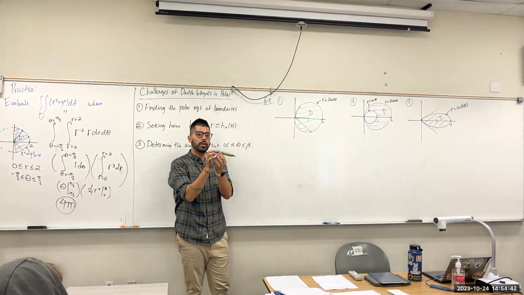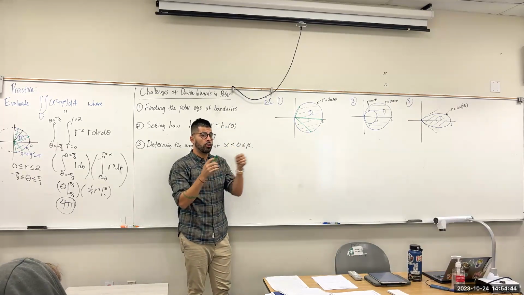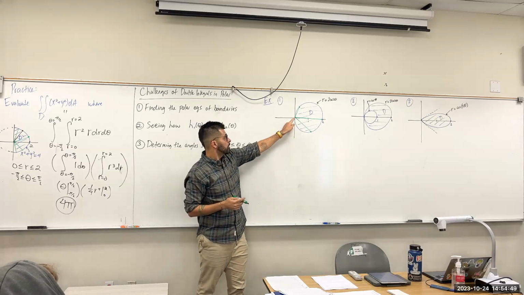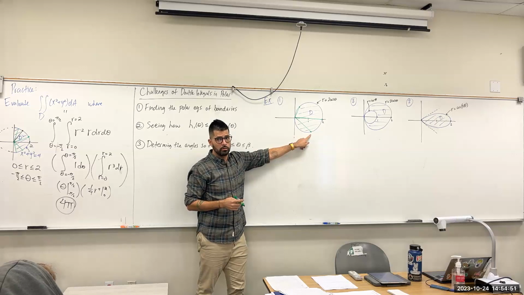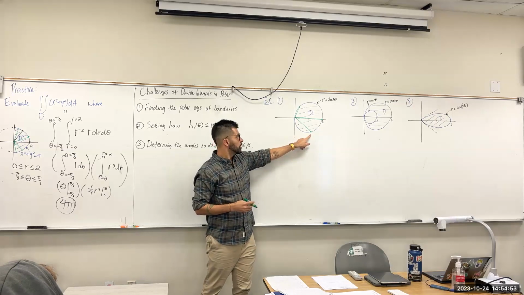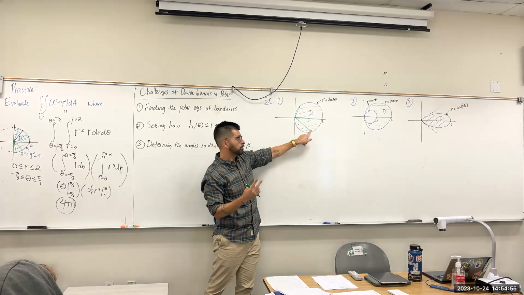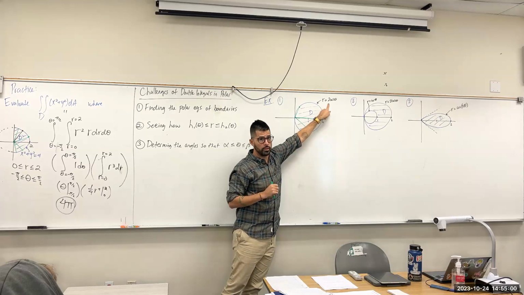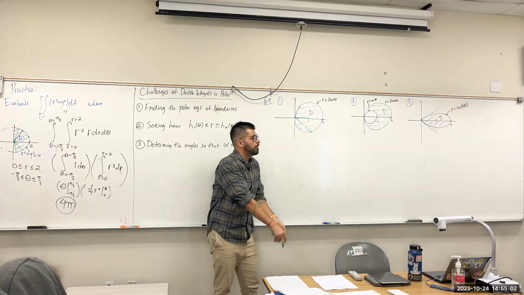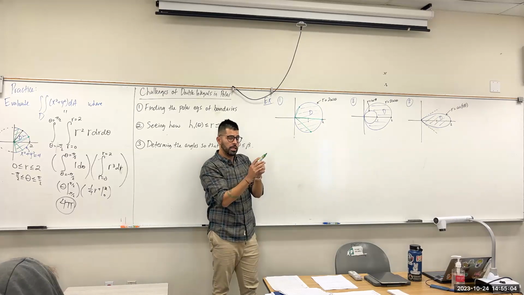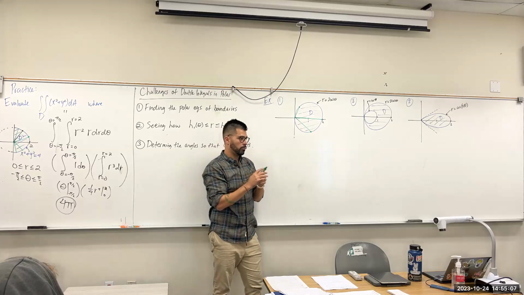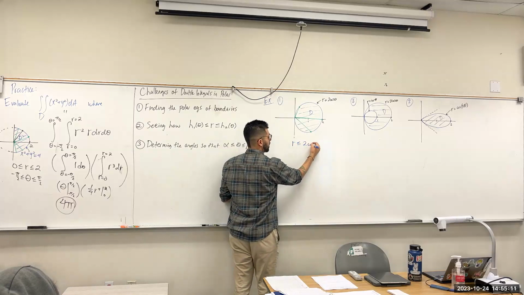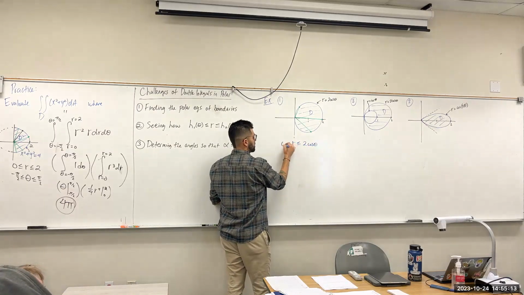So as I vary my theta, my length of R is not always going to be a scalar, right? So what do you think will be the upper bound for R? Will it be 2? It's going to be whatever this curve tells you R is, 2 cosine theta. But for every angle, what's the smallest R can be? 0, right? So R will be in between 2 cosine theta and 0.